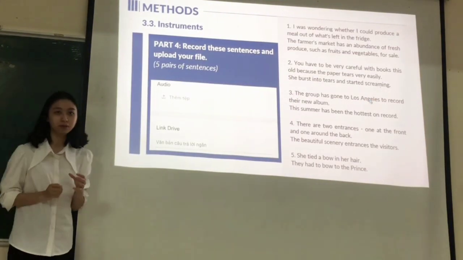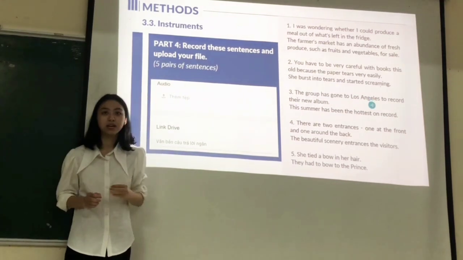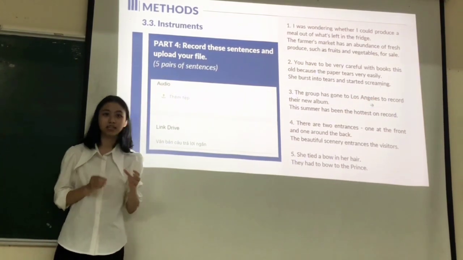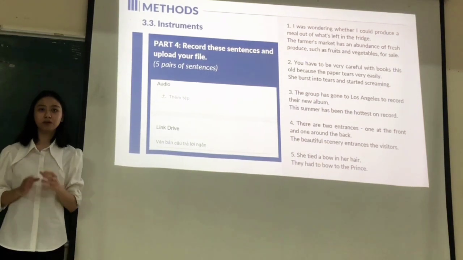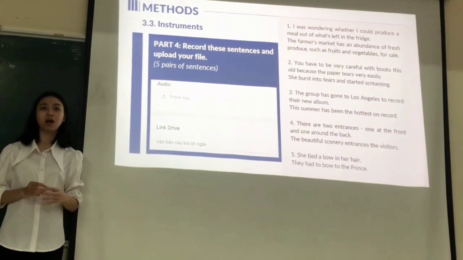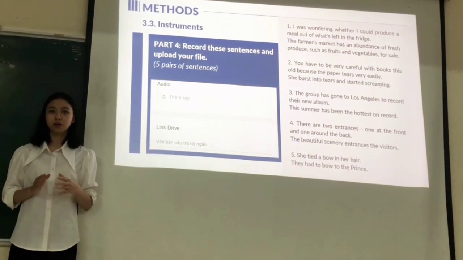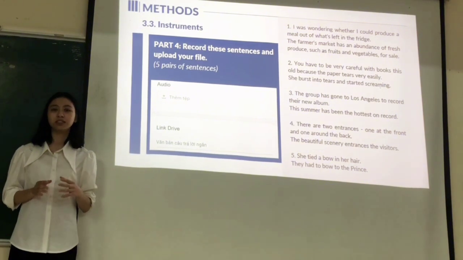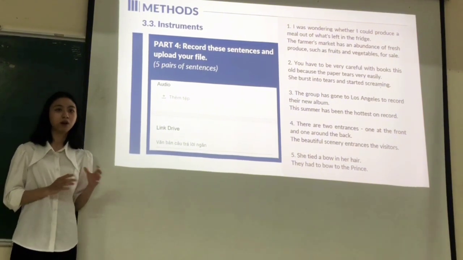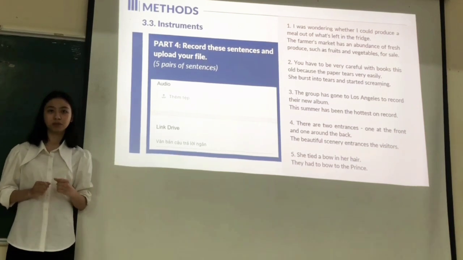In part 4, we provided pairs of homographs in pairs of sentences for students to speak and record. After that, a folder of participants' audio was automatically updated on Google Drive. Finally, we proceed to draw the necessary conclusions and discuss to propose appropriate solutions to help learners avoid and overcome errors related to it.